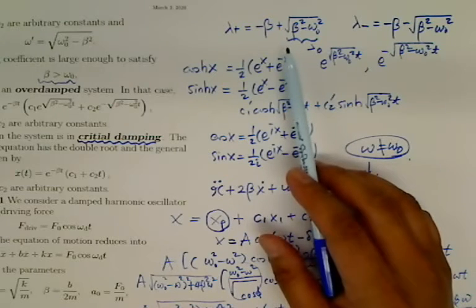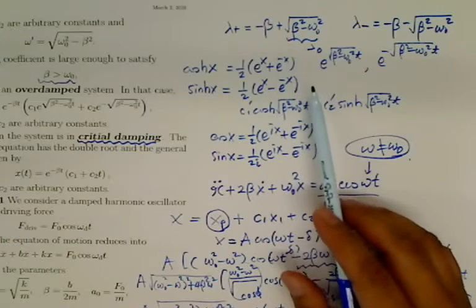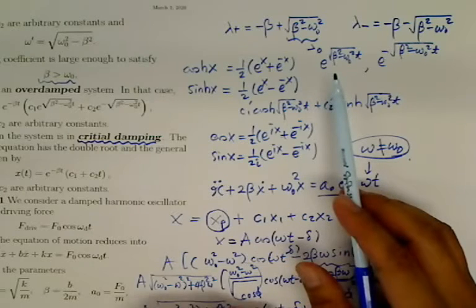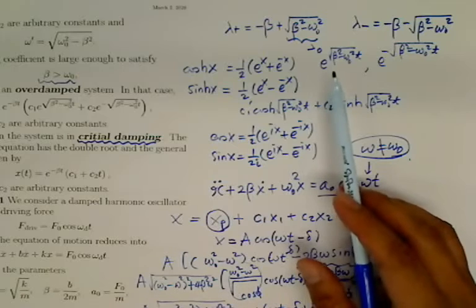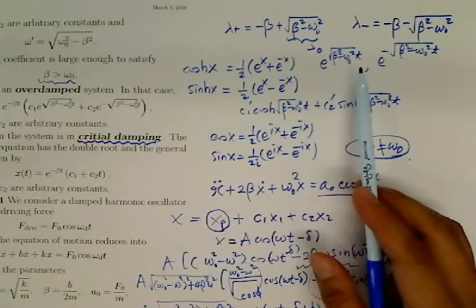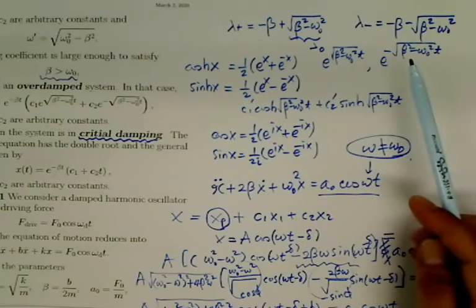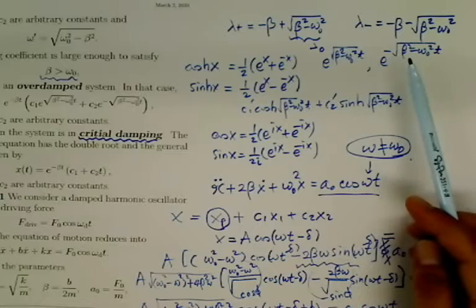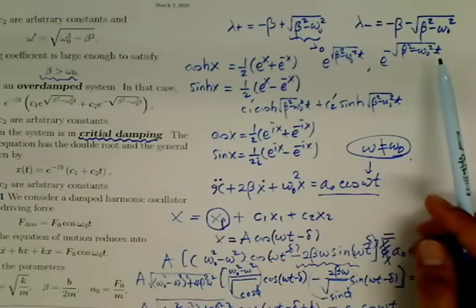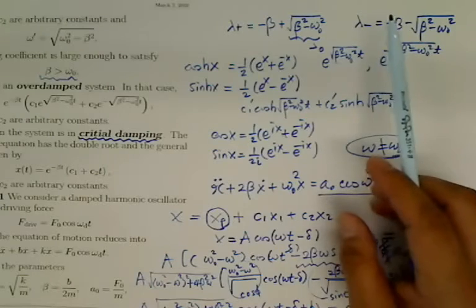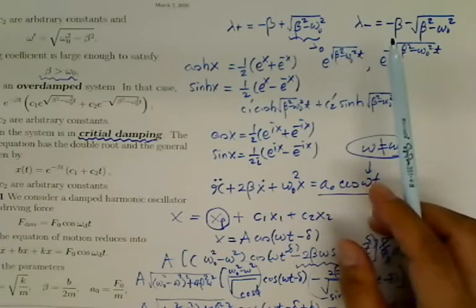And the trial solution, the final solution for the linearly independent solutions for the homogeneous equation, is exponential square root of beta squared minus omega 0 squared t and exponential minus square root of beta squared minus omega 0 squared t, except that there is a common factor exponential minus beta t.